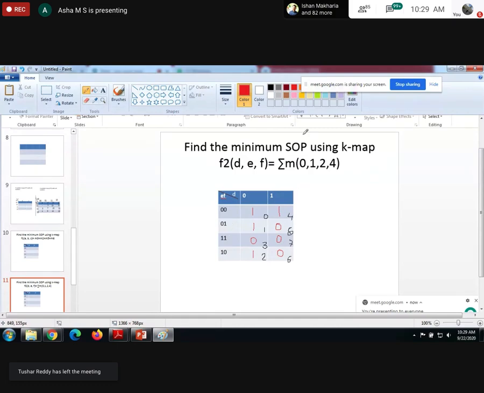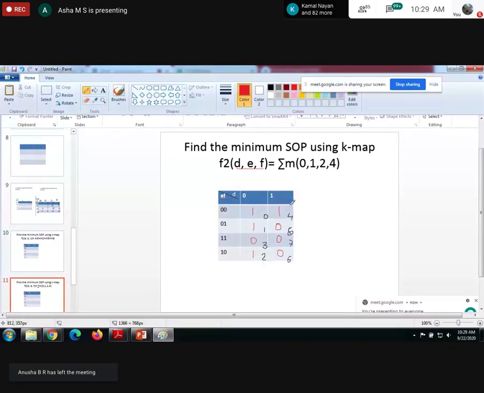So what I did is draw the K-map for the 3 variables. Here they have given DEF. Here I have taken D, here I have taken EF, with the combinations of 0, 1. If you know how to represent this directly in the K-map, I'm happy. If you don't, no problem.